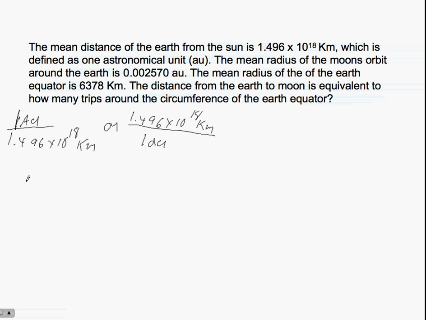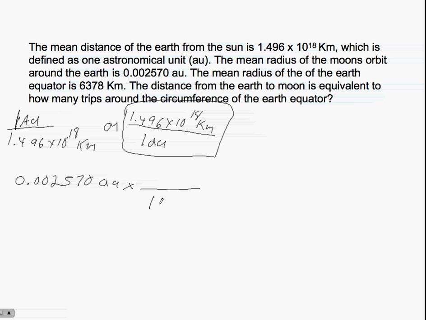We're told that the mean radius of the Moon's orbit around the Earth is 0.00257 astronomical units. So this here is the distance from the Earth to the Moon. We can find out what that number is in kilometers by using the relationship we just defined. So 0.00257 astronomical units: we use the conversion that has astronomical units in the denominator, which is this one.